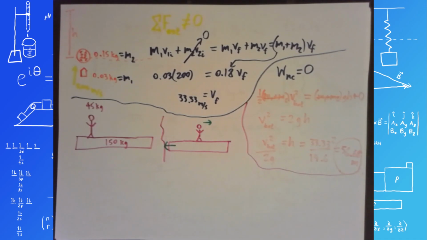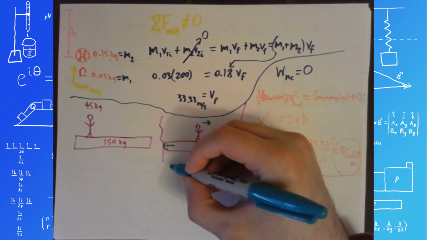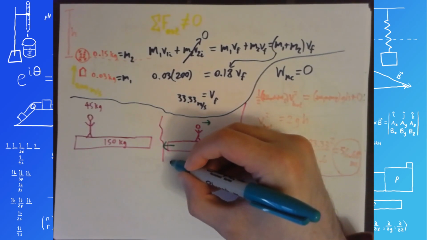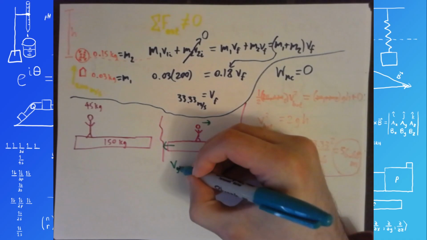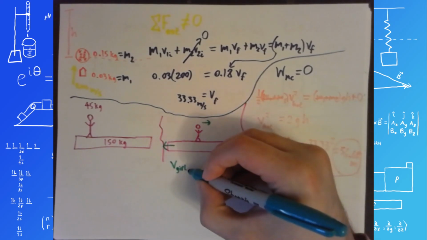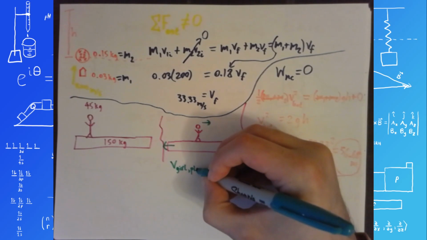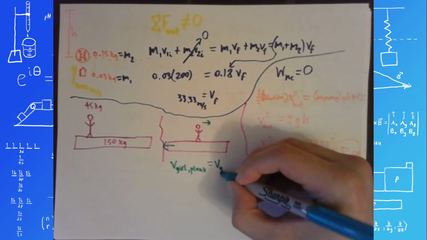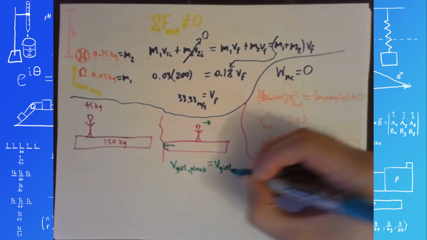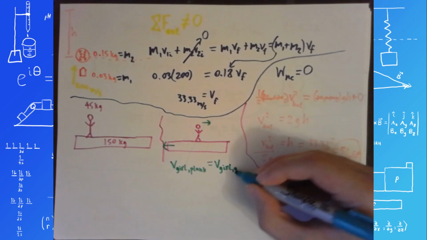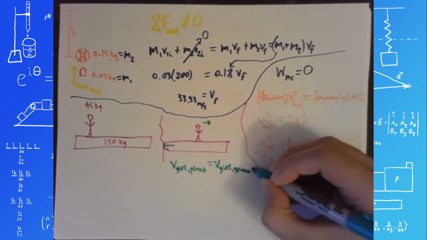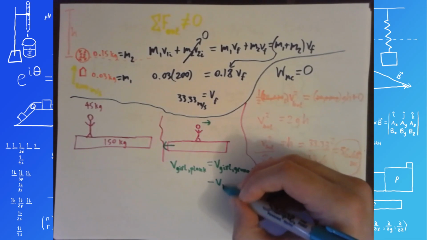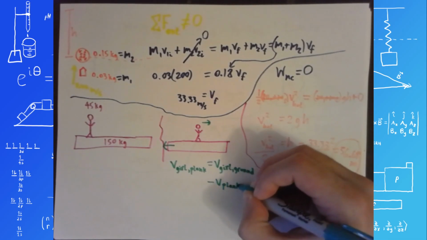They said she was moving at 1.5 meters per second relative to the plank. What that means is v girl relative to the plank. What that really means is v girl minus v plank. Or I guess v girl relative to the ground minus v plank relative to the ground.